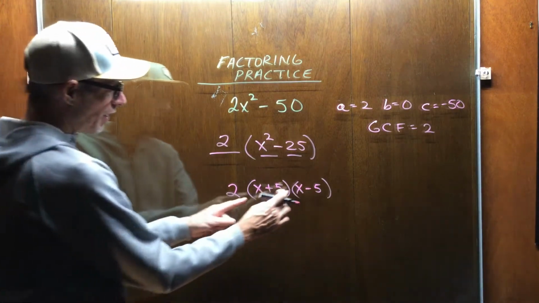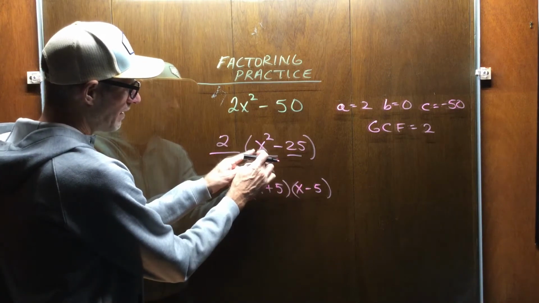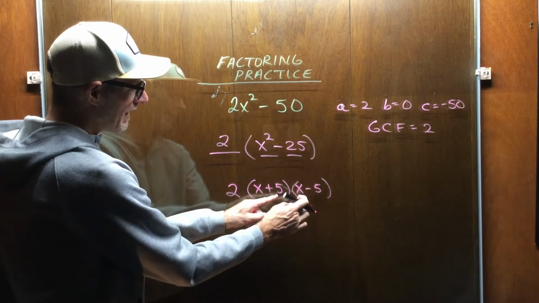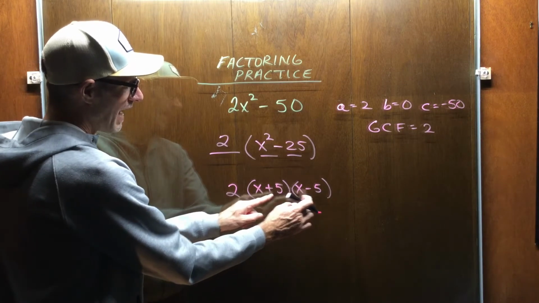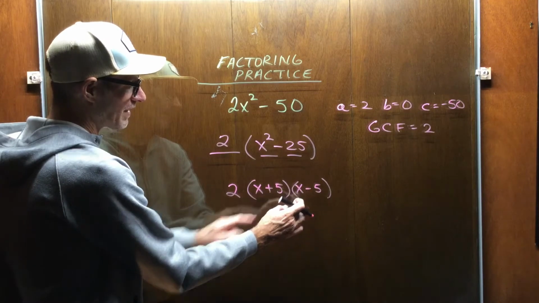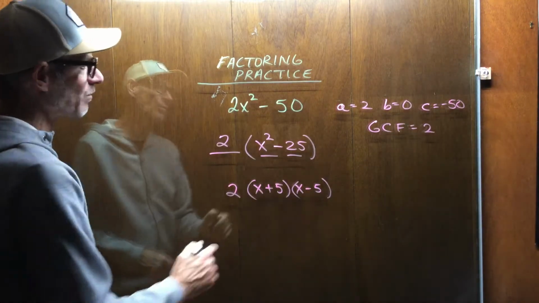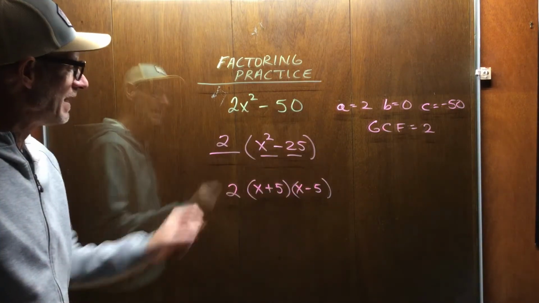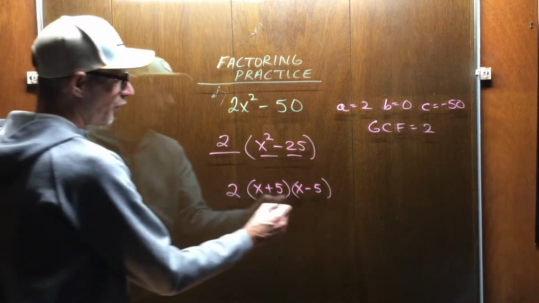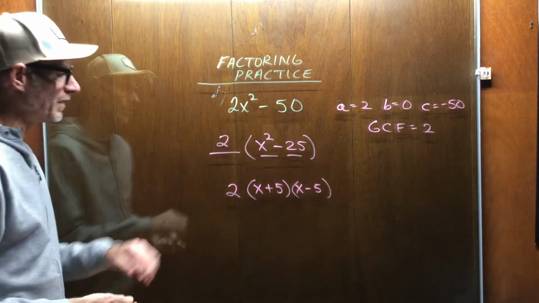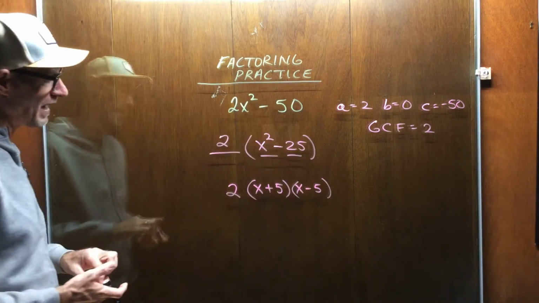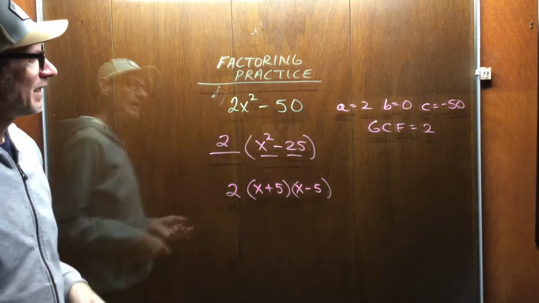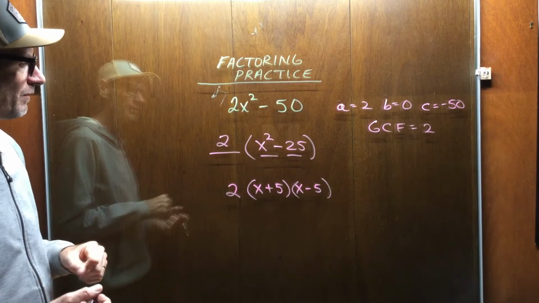So we have our firsts are x squared, our outers are negative 5x, our inners are positive 5x, and so the negative 5x and positive 5x are going to add up to 0. That's why we have a b value of 0. And finally, negative 5 and positive 5 is negative 25. So when I FOIL these binomials, I will get this binomial for the answer. So this is the factored version of this standard form polynomial.